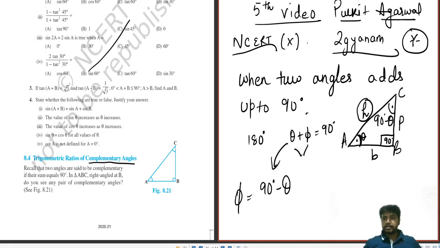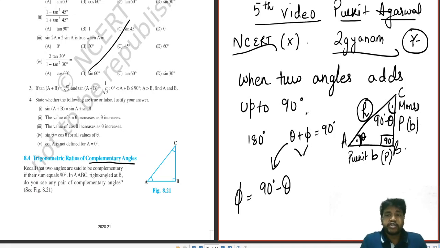But according to this theta, this is perpendicular, while according to this C, let's take an example. My friend Monu is over here and I am Pulkit over here. According to Monu, he will say, Pulkit, this is my base, but this is my perpendicular.